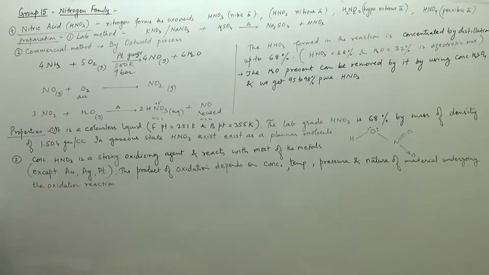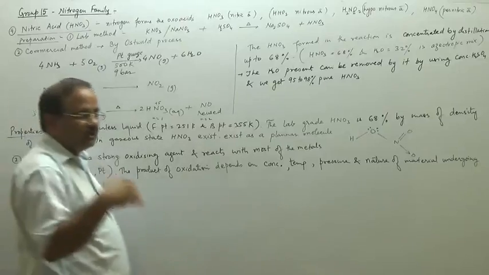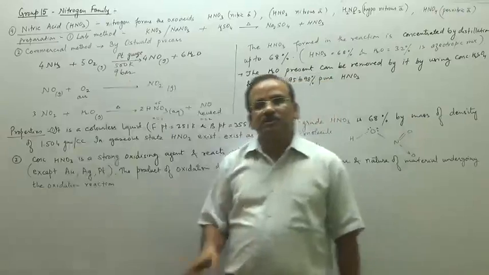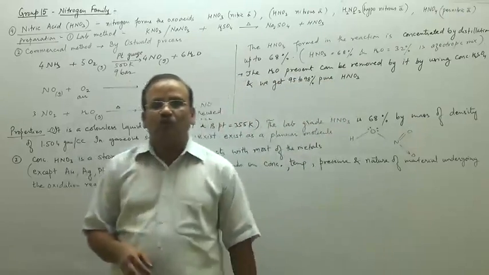So if we write what reactions it shows, we can write the reaction of HNO3 with metals. Concentrated HNO3, if it reacts with any metal or non-metal, will always liberate NO2.